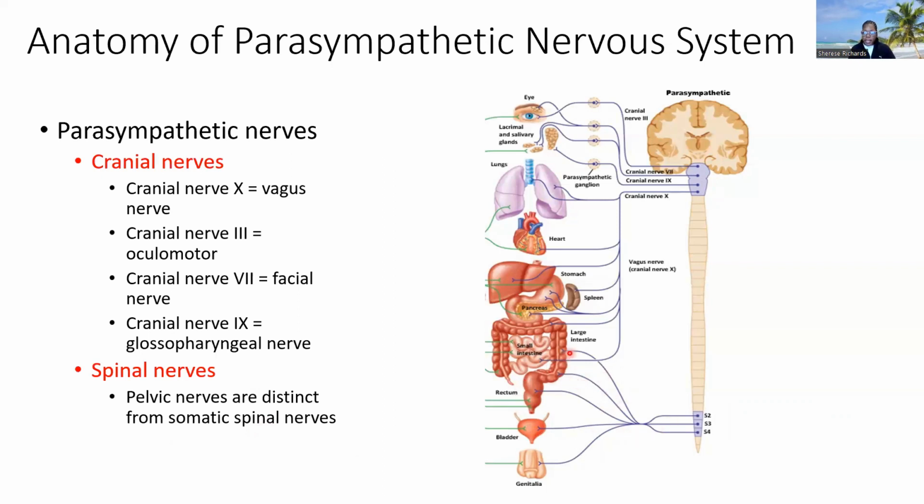So this is going to pick up where the vagus left off, and give innervation to the lower parts of the gastrointestinal tract, so the sigmoid colon, the rectum, upper parts of the anal canal, the bladder, and then the genitalia. So the spinal nerves giving rise to S2, S3, S4, which become the pelvic nerves, will then go all the way out and innervate the pelvic organs and glands.